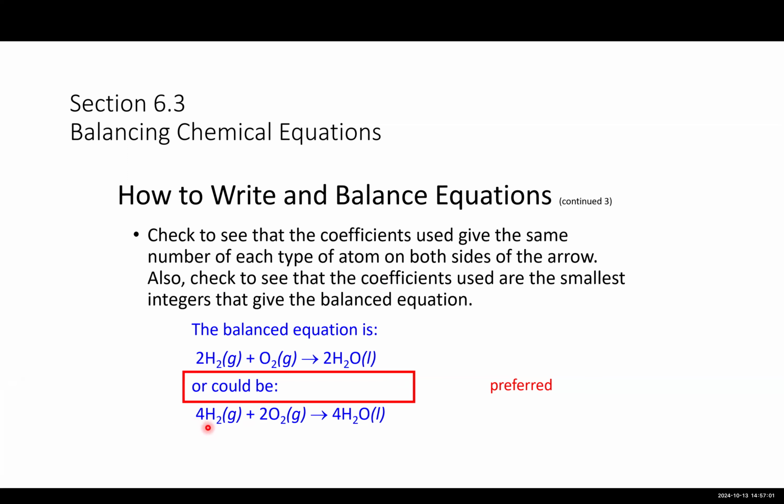You can also express this as 4 hydrogen, 2 oxygen making 4 water molecules. However, you want to factor them out to the smallest integer ratio between all the species of the molecules. So this will be a better expression.